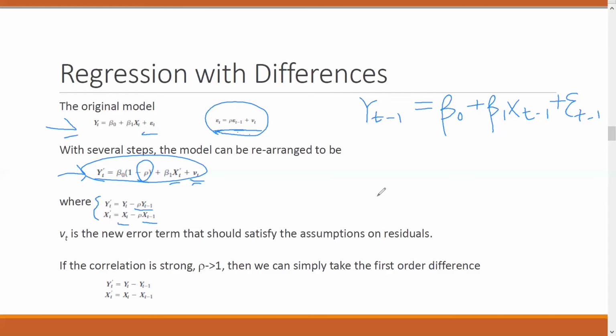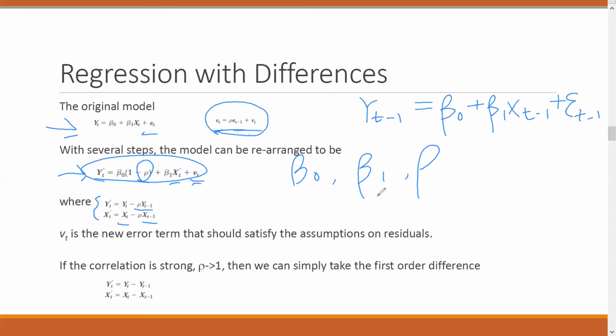Similarly for x prime t, once we know the value of rho, we can get the value of x prime t. So when we estimate the model, we have three unknowns, beta 0, beta 1, and rho. In the past, we usually estimate beta 0 and beta 1. That's all we need. So the question now is, how do we estimate the rho, right?